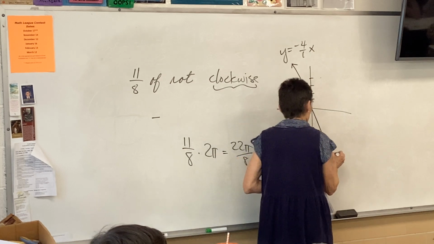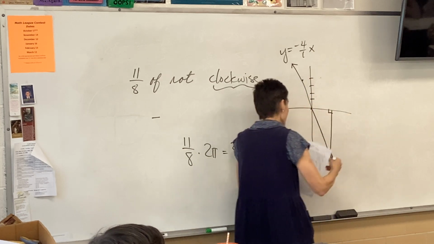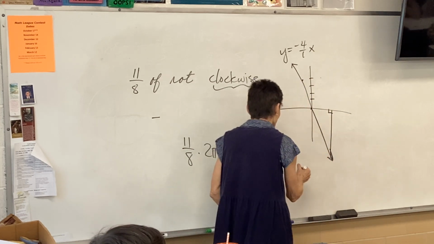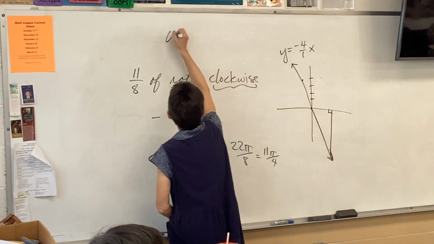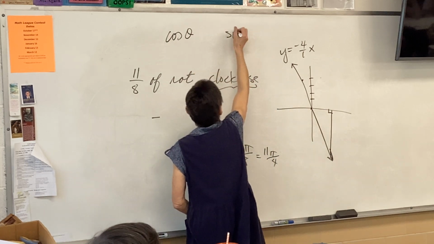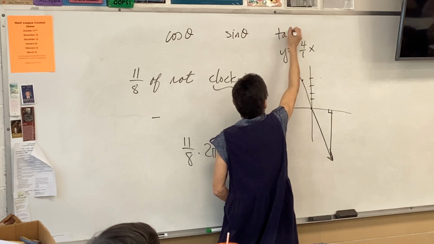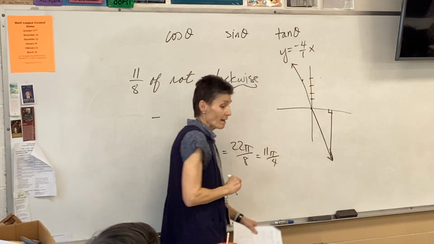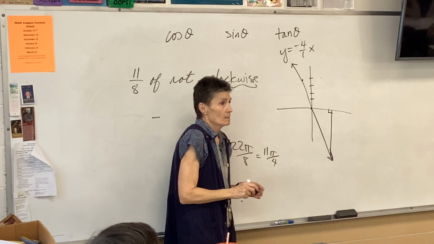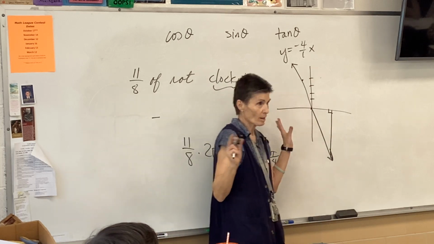So I'm going to make a triangle because I am trying to find cosine, sine, and tangent. Now, do I have any idea how long the sides of that triangle are?